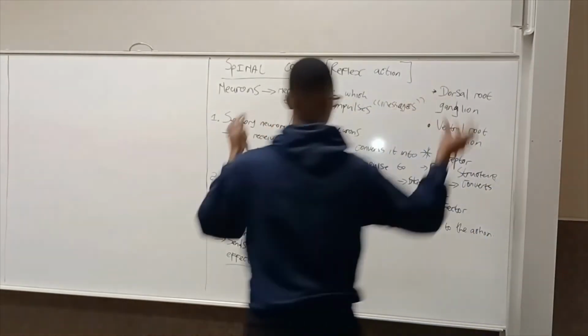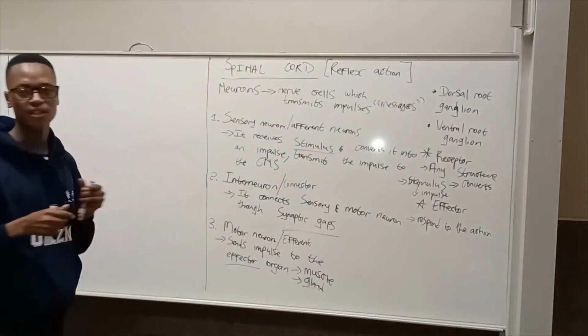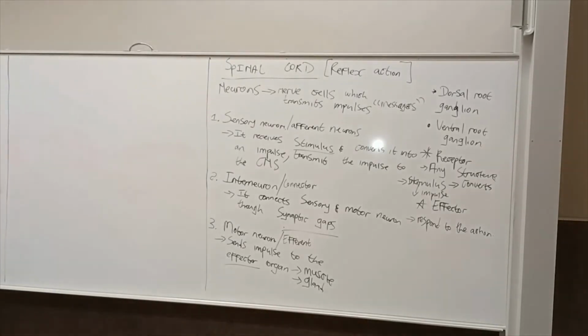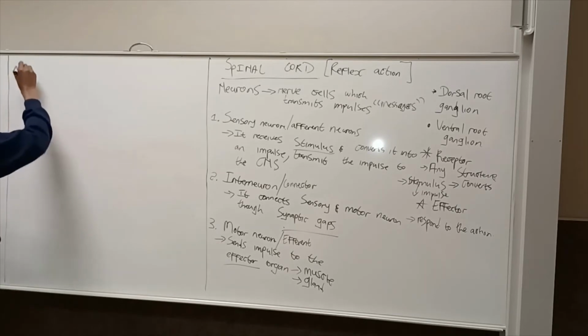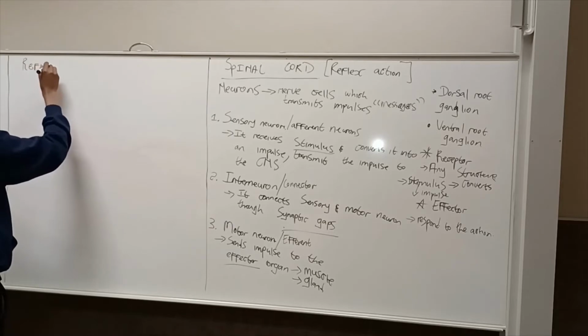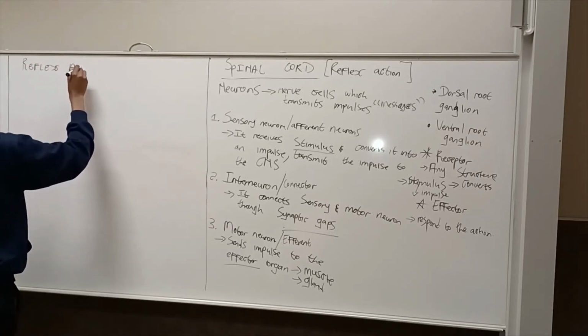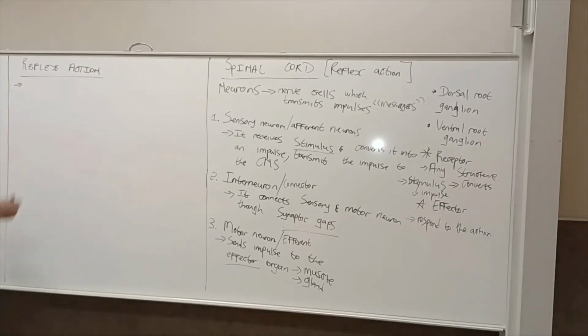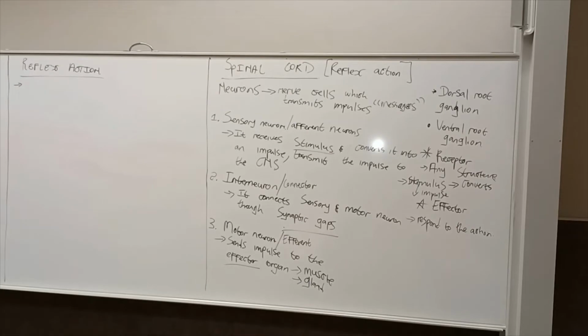So we're going to see how these terms fit in what we call the reflex action. Now let us try to break down the reflex action. A reflex action is a quick, autonomic or automatic response to a stimulus. It means this response happens automatically without you thinking about it.